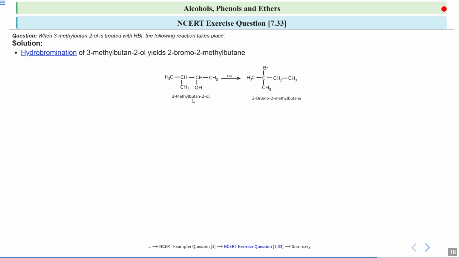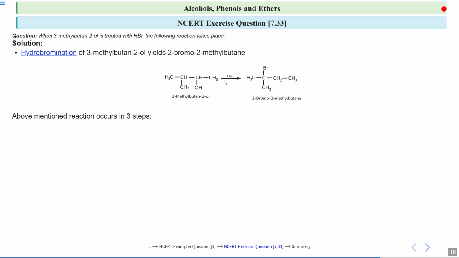At the third carbon your methyl group is attached and on the second carbon your OH group is attached, and hydrobromination is happening and you can see that at the second carbon your bromine is getting attached. Okay, and methyl is also attached to this second carbon, because naming is from 1, 2, 3, 4.